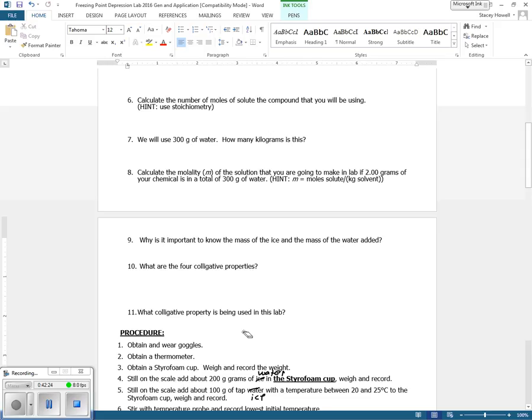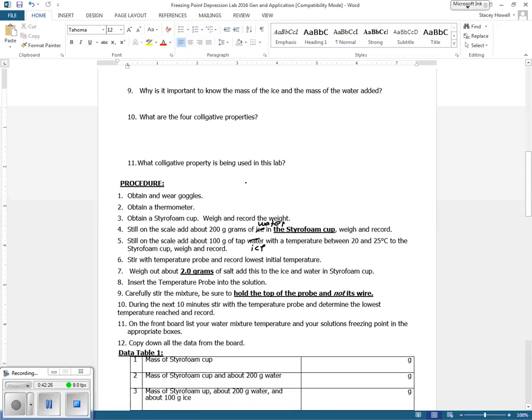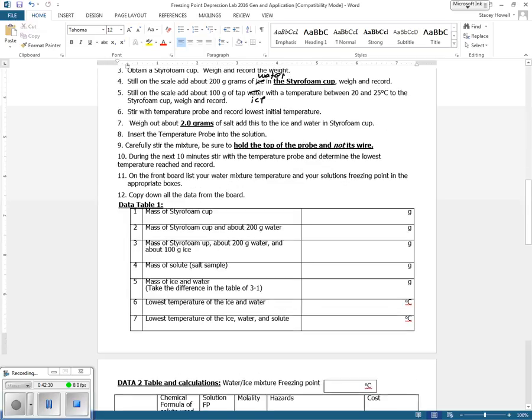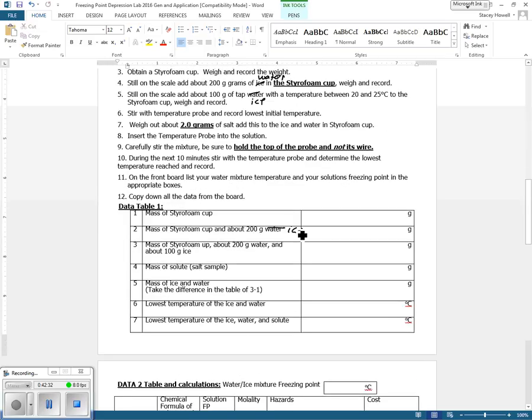And you know what? The more I think about it, I think I did this messed up. I think this one should have been ice, because you're going to want more ice than water. It should be 200 grams of ice and 100 grams of water, because you just want enough water, otherwise the ice isn't going to last.